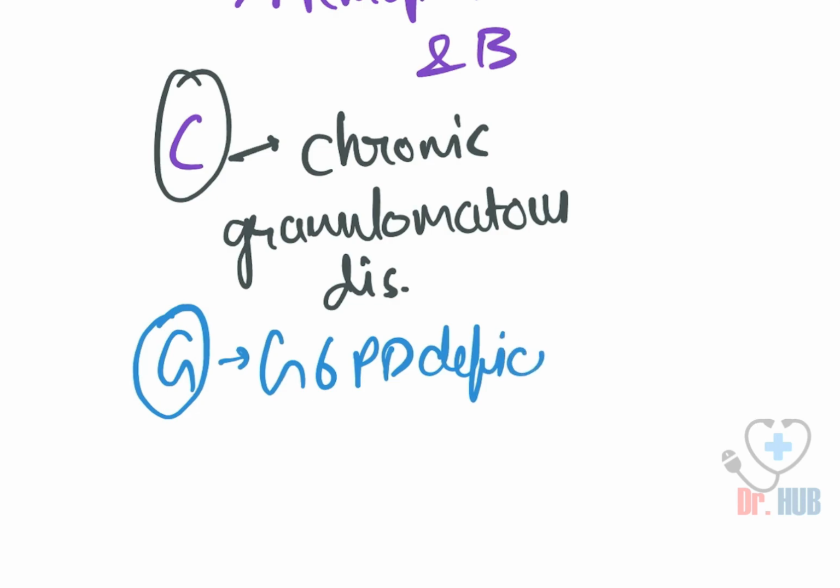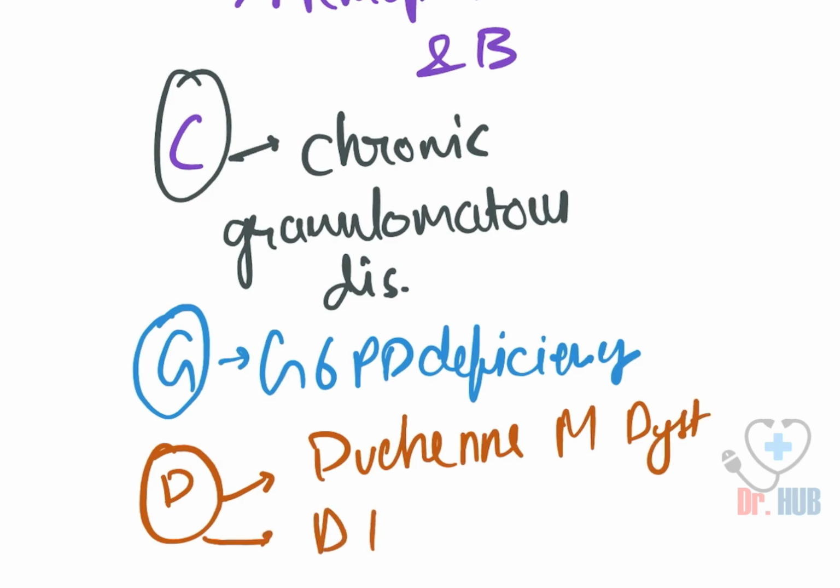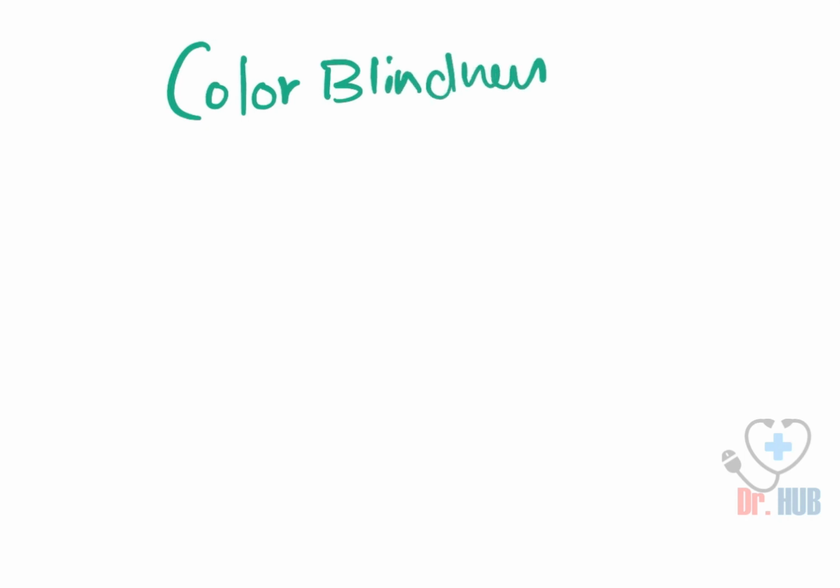G6PD deficiency. And after this, looking at D. D stands for Duchenne muscular dystrophy, as well as diabetes insipidus. So after this, there is also color blindness, which can be seen in case of the X-linked recessive.